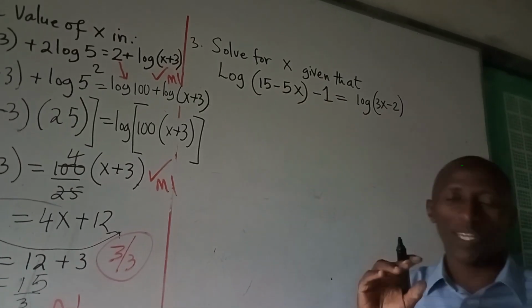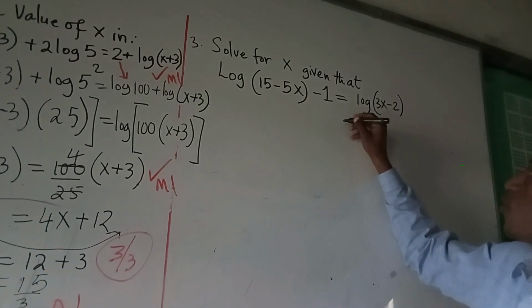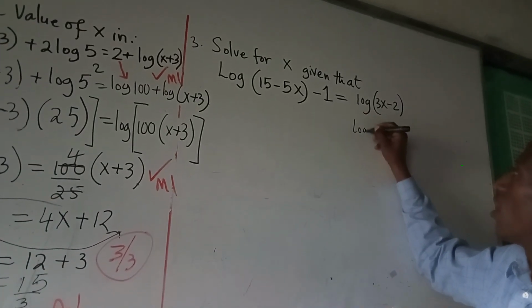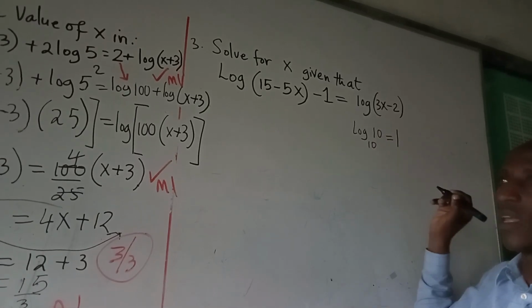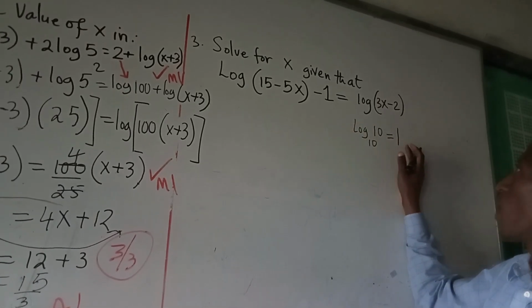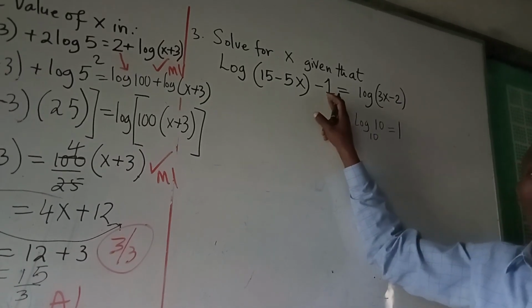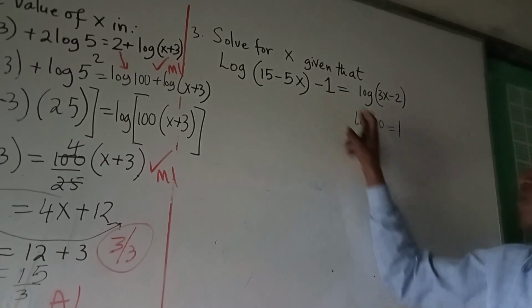Here, the 1, as we had said earlier, can become log to base 10 of 10, which is equal to 1. So when log to base 10 of 10 is equal to 1, we can easily substitute the 1 for this one.